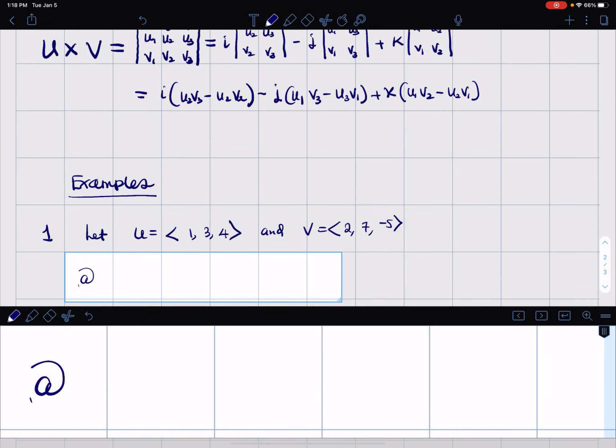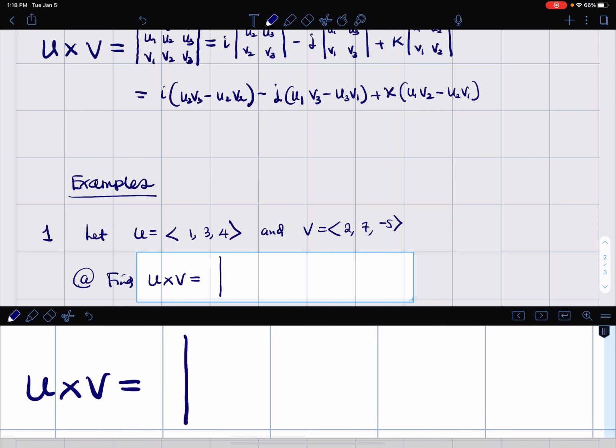Let's find U cross V. U cross V is the determinant of i, j, k; 1, 3, 4; 2, 7, negative 5.